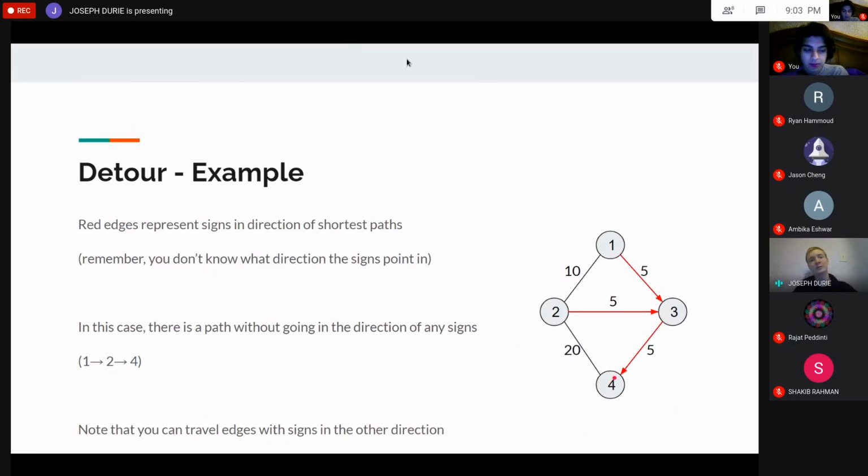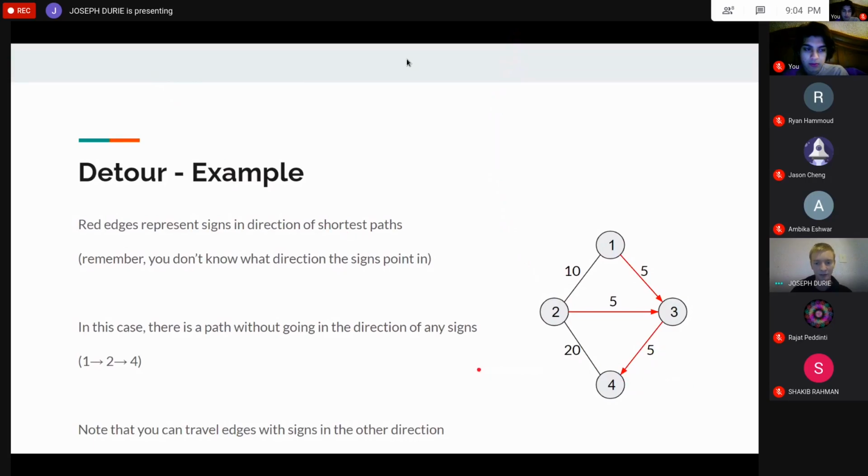And we want to know, is there a path that gets from 1 to 4 without going in any of the red directions? In this case there is, and we can go like that. Notice that you can travel edges with signs in the opposite direction, so we could go in this direction, that's fine. So that's basically the problem statement.